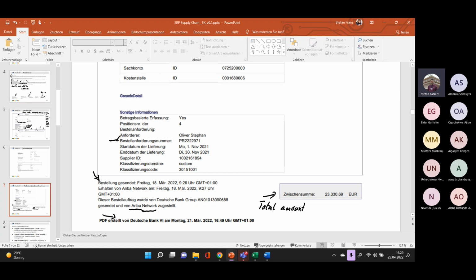And usually by generating such a PO, you have certain people who need to click OK in the system before it will be sent out. Usually these are the line manager, the manager from purchase, and the manager from the line of business. They need to give the OK before this PO can be released. And if it's released, everything is done.